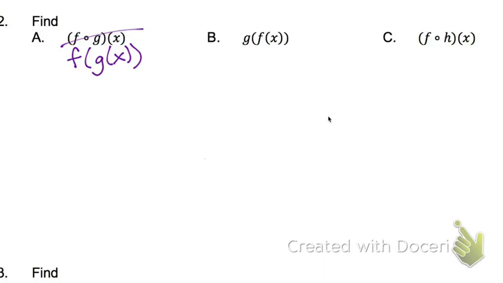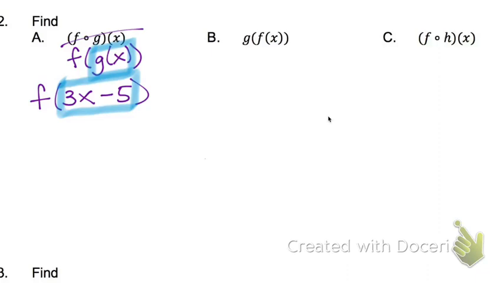And so what that means is, first of all, I'm going to substitute this g of x. Go back to the top. What is g of x? 3x minus 5. So step 2 is f of 3x minus 5. So all I did was substitute g of x with 3x minus 5.